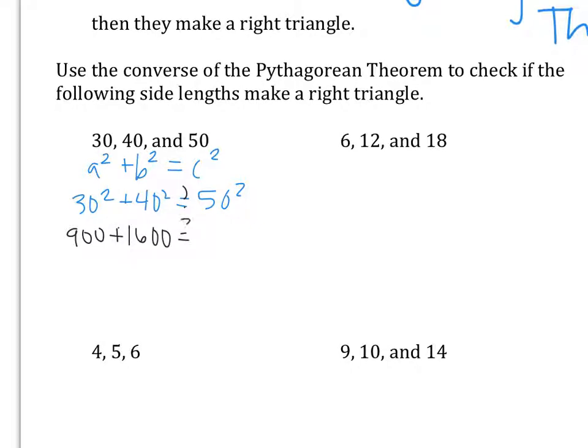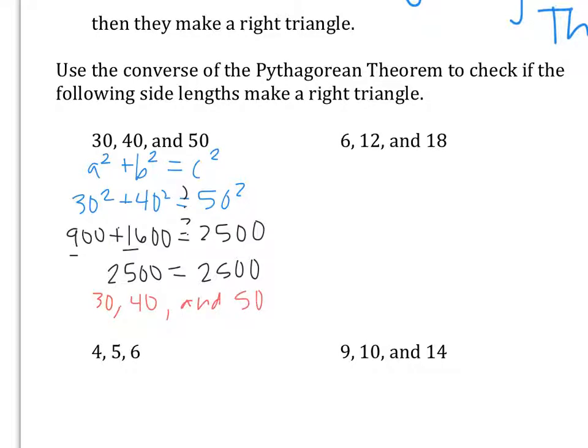Does that equal 2500? Well, 9 plus 16 is 25, and then add on two zeros, so 2500 does in fact equal 2500, so these three sides will make a right triangle. So for our answer here, we could say 30, 40, and 50 make a right triangle.